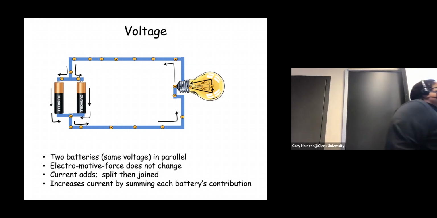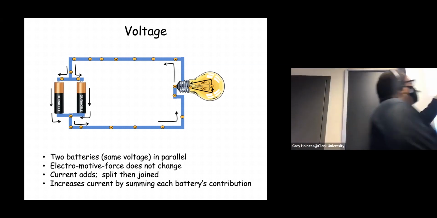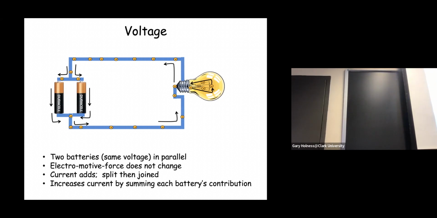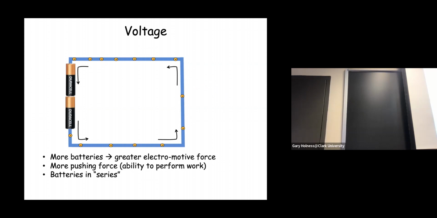All right, so the pushing force is greater. And again, current is not given, it's drawn. And so when I say the pushing force is doubled, if you have a component like a bulb that needs more current in order to light, this parallel connection is more able to deliver that current than this series connection.